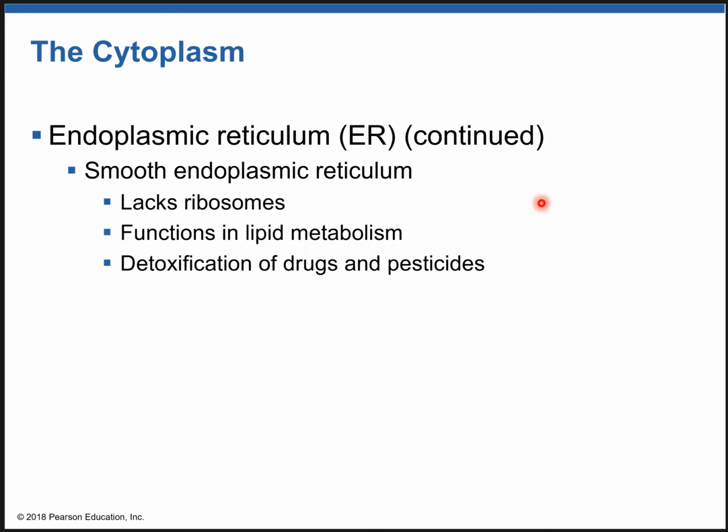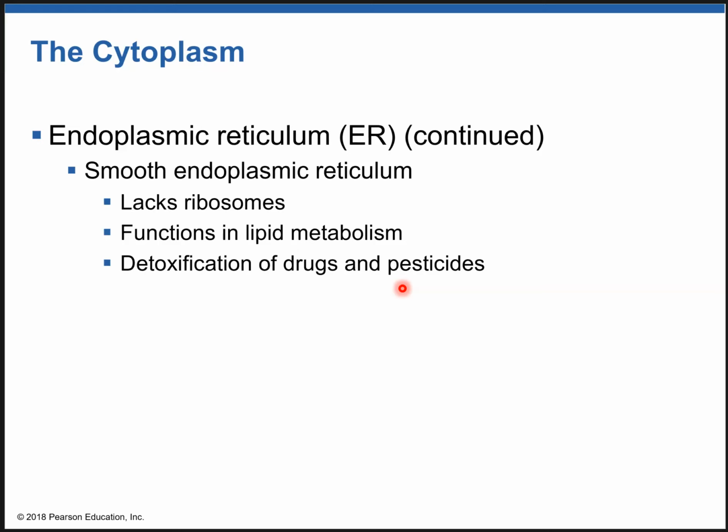So if you look at the liver of somebody who's really alcoholic, you can see that their liver cells would have evolved to have several more smooth endoplasmic reticulum than a person who does not drink. Similarly, a person who takes a lot of pills will have a lot of smooth endoplasmic reticulum for detoxification of drugs and pesticides.